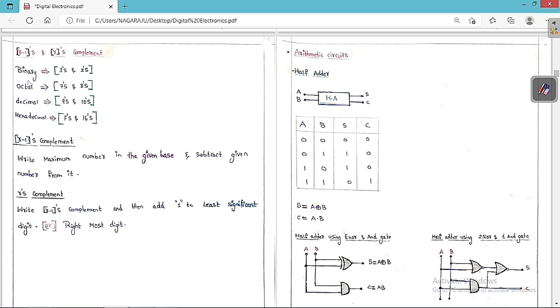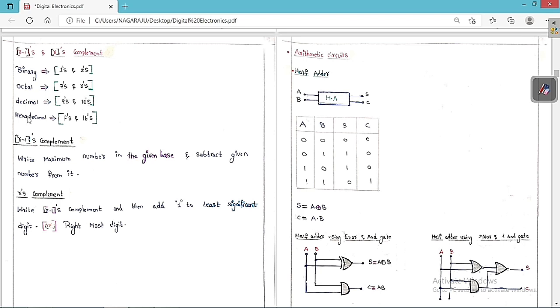Suppose for binary the radix is equal to 2, so R is equal to 2, so 2 minus 1 is 1, and the 1's complement and 2's complement are going to be present. Whereas for the octal number system, the radix is equal to 8, so we are going to have the 7's complement and the 8's complement. Similarly for the decimal number system, the radix is equal to 10, so you are going to have the 9's complement and the 10's complement.